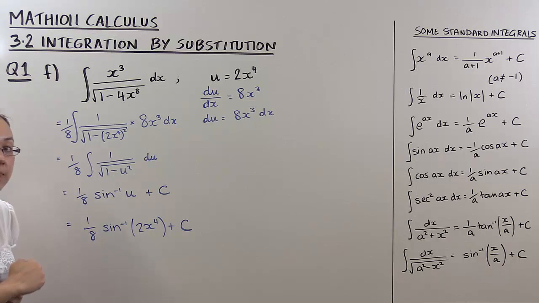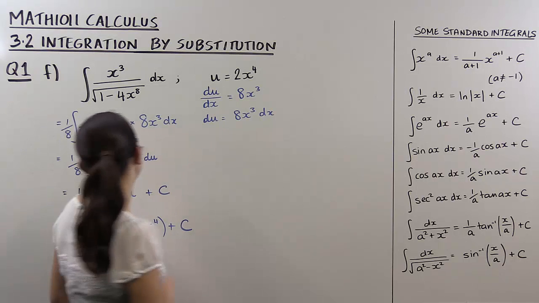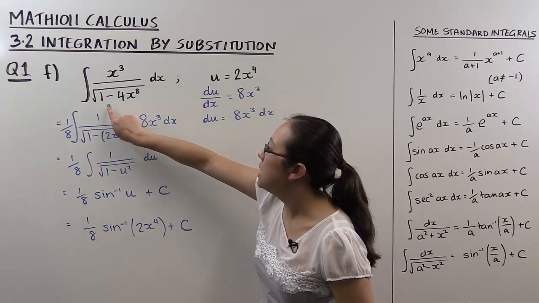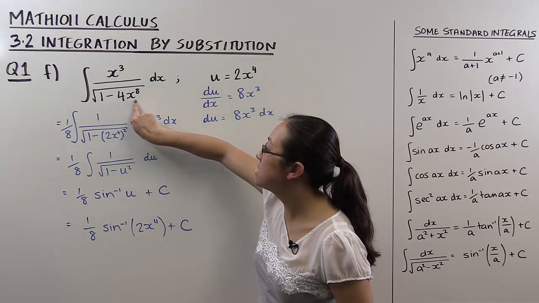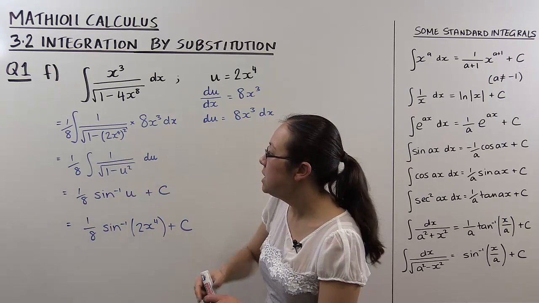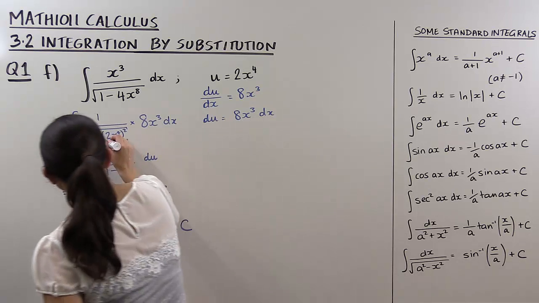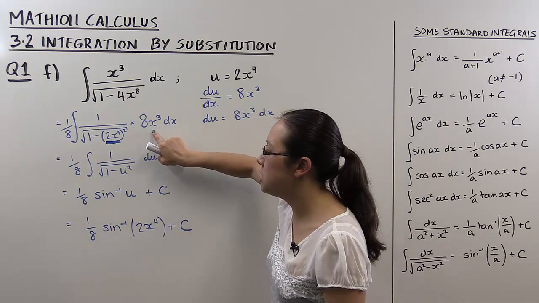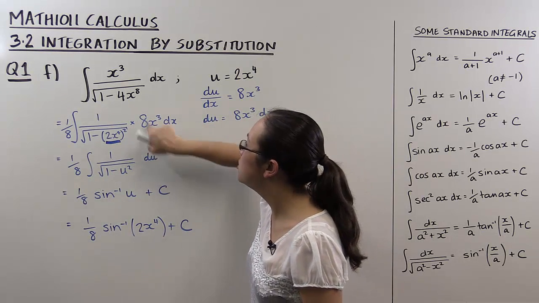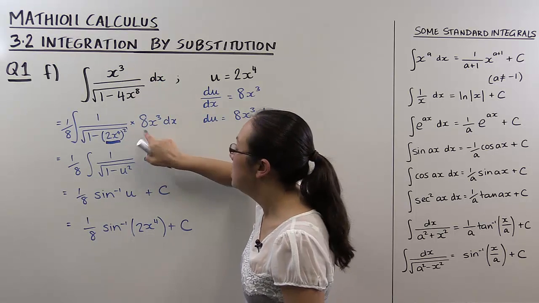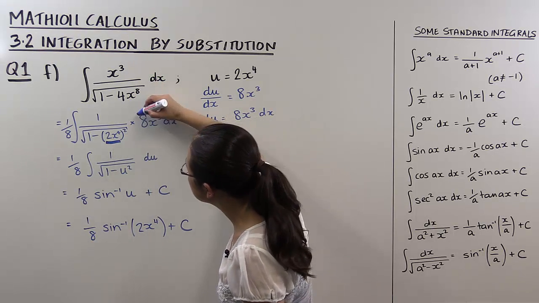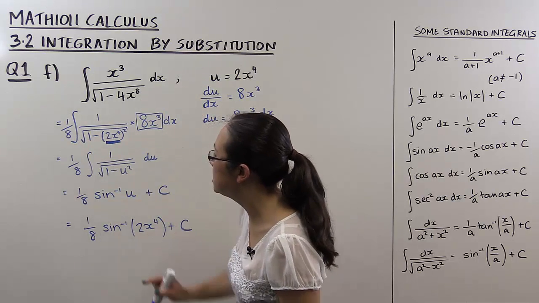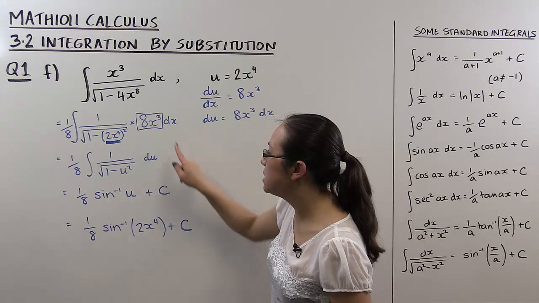Now we could have done that by inspection. Doing it by inspection would have involved recognizing the square root of 1 minus 2x to the 4 all squared here, and recognizing that the inside of this, 2x to the 4, differentiates to 8x cubed, which is almost here. So if you recognize that this differentiates to 8x cubed and adjust things, then you know that we're reversing a chain rule here.